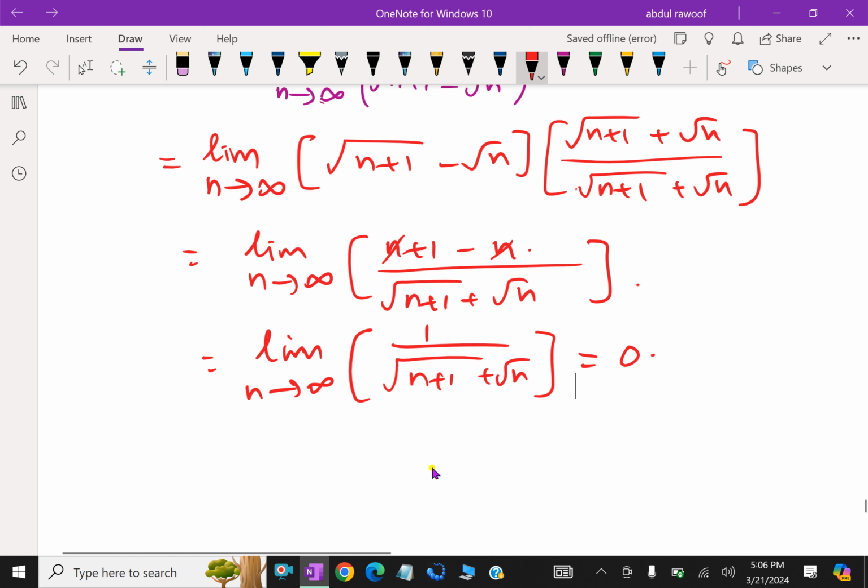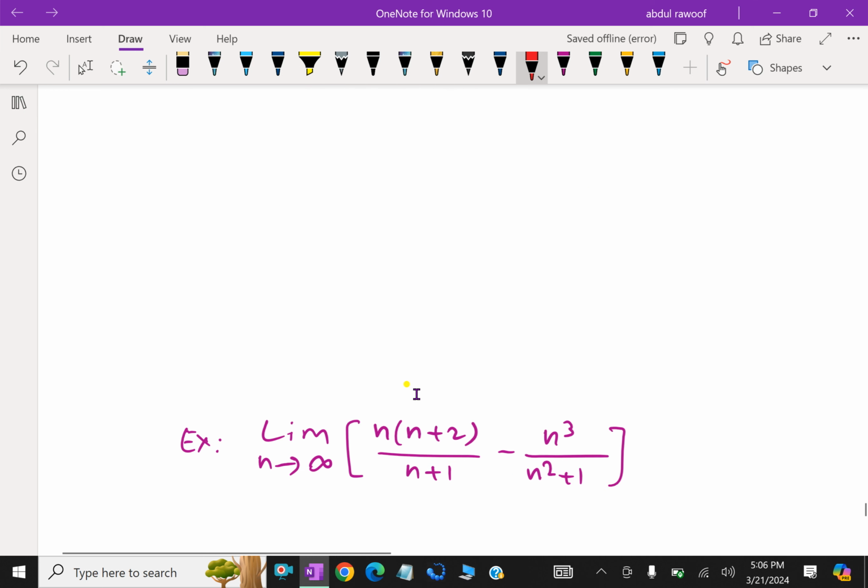So we got 0, because if you substitute n equal to infinity, the denominator gives infinity. So 1 over infinity is 0. Next question.